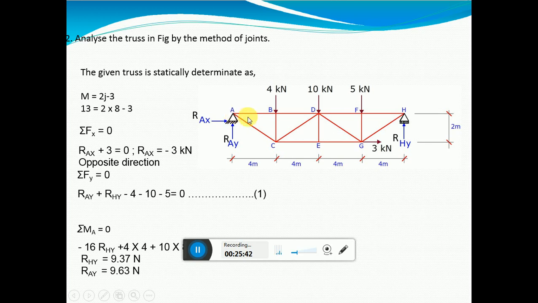With respect to point A, it moves in the anti-clockwise direction, so it is minus RHY into 16. Therefore, RHY is equal to 9.37 kilonewton. Substituting RHY here, you will get RAY as 9.63 kilonewton. So we found the unknown reactions RAX, RAY and RHY.